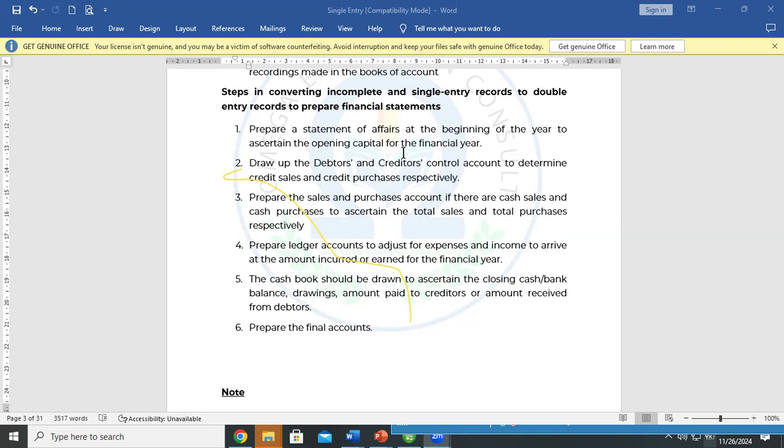And the essence is for you to know the cash or bank balance, any drawings, and any amount paid to creditors or amount received from debtors. Okay, so you go through these 5 steps, and the final one is you now have your sales, your purchases, your expense and income, so you can prepare the final accounts, which are the trading, profit and loss, and balance sheet. So these are the steps we are going to follow, as simple as that.